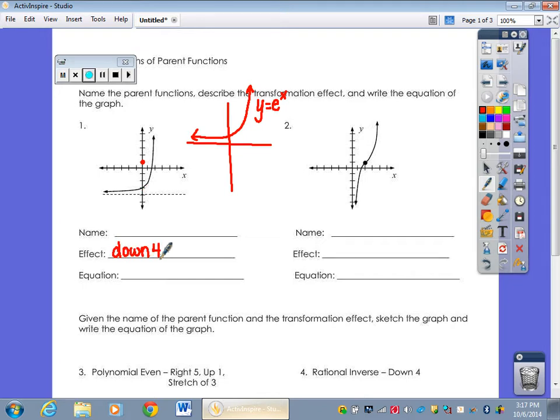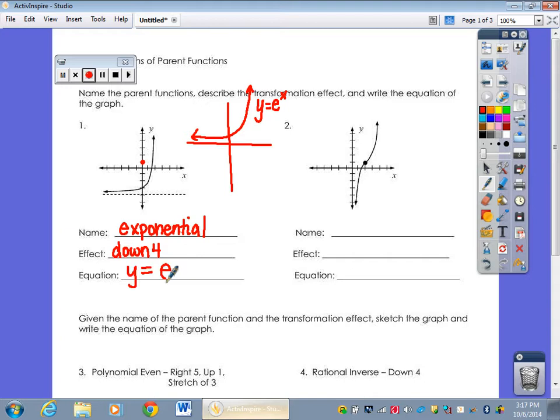And it doesn't look like it shifted to the left or to the right any, and it doesn't look like it expanded or condensed. So it looks like that's the only transformation that occurred. So this is an exponential that went down 4, and now we have to have an equation that looks just like the mom.